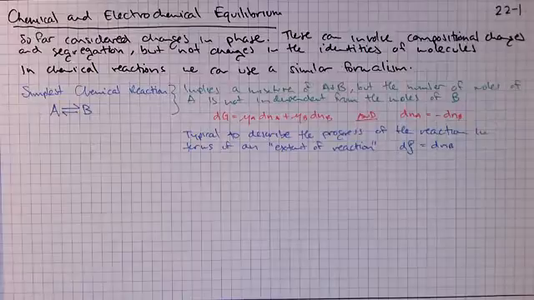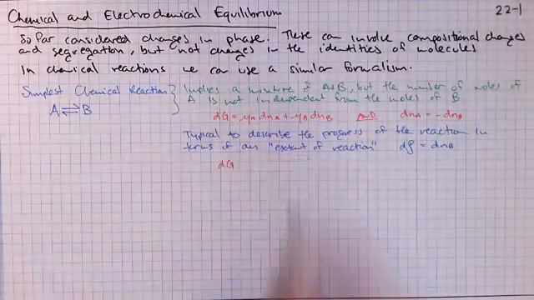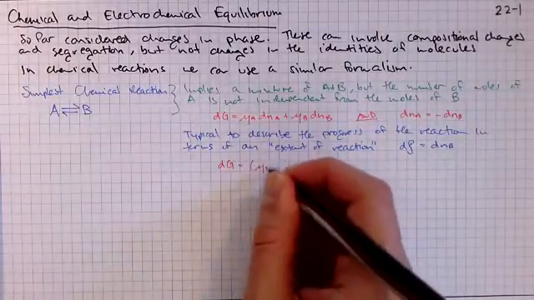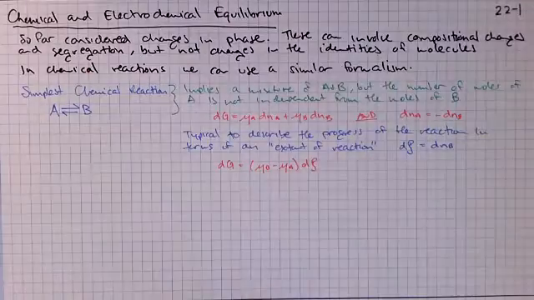And then once we've defined that, we can rewrite our expression for the change in the free energy to just be equal to mu B minus mu A times d xi, where xi is this extent of reaction.